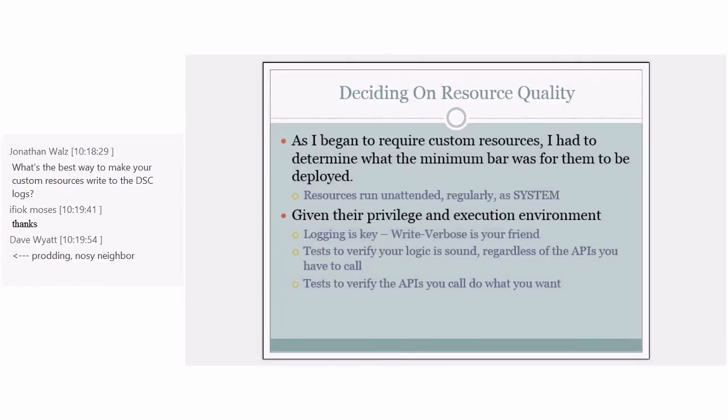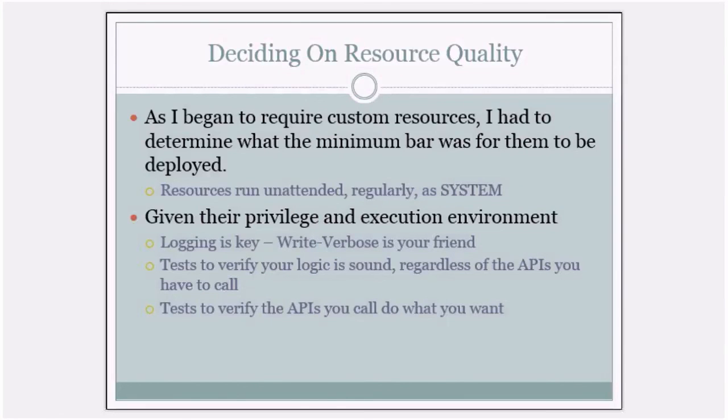And then John also asked, what's the best way to make your custom resources write to the DSC logs? Write-Verbose. So the operational DSC log doesn't get the Write-Verbose statements, but the analytic logs do, and you can turn those on whenever you need to capture them.